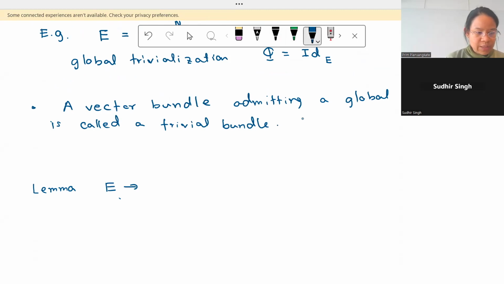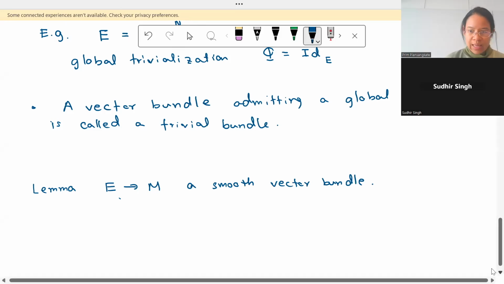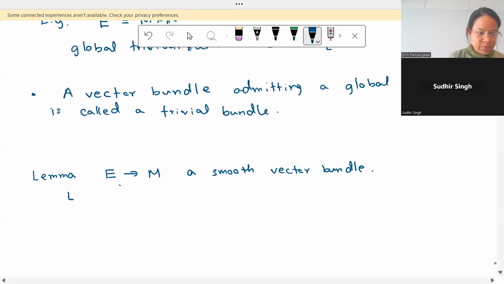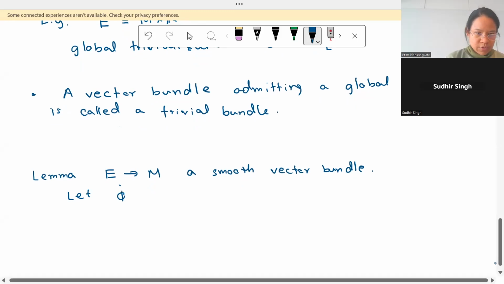Suppose we have a smooth vector bundle, and suppose we have two local trivializations.